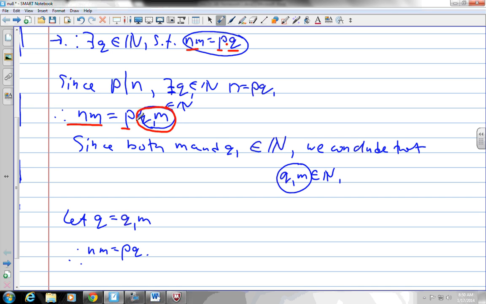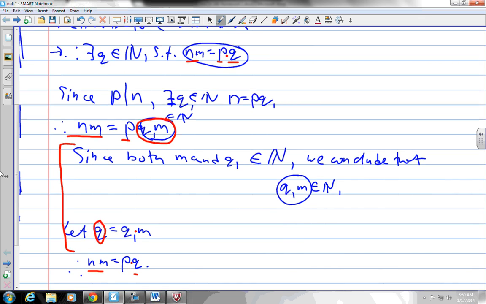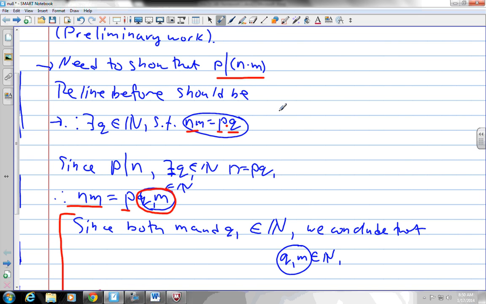We're already done at this stage, because the product of two natural numbers is another natural number. And this is what I'm doing here, just to say that the product of Q1 and M is just some other natural number. So now I'm replacing Q1M with that Q, so then you can see that NM is P times Q. So P divides NM then. And that's what we had to show, P divides NM.